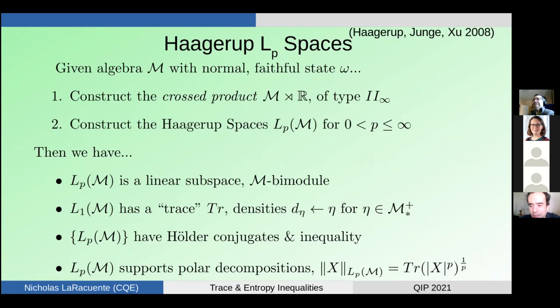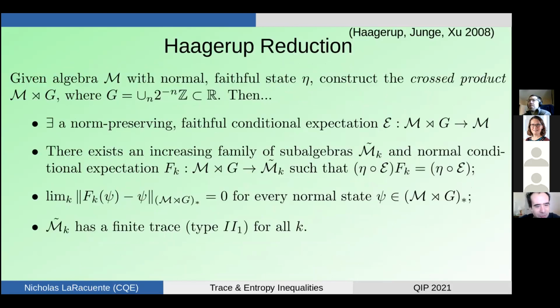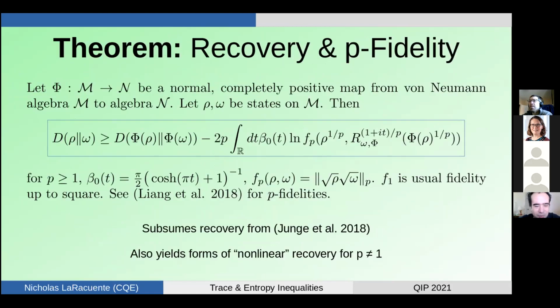Yeah, thanks. So now we have a question in the Slack channel from Lee Gao, who's asking how the p-fidelity correction term in the recovery depends on p. So we haven't actually explicitly calculated these too much.